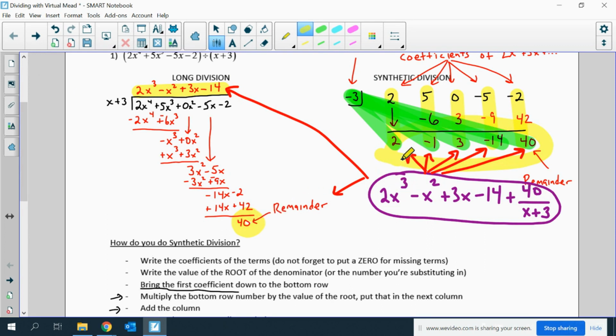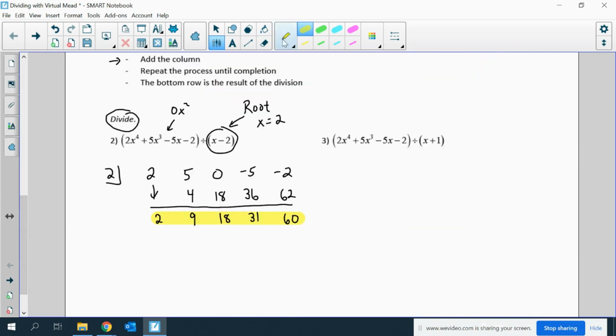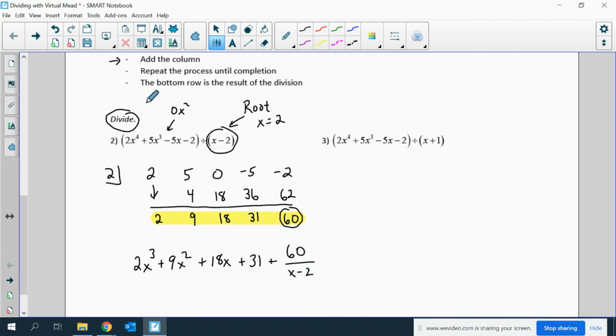Since I started with an x to the fourth, I ended up with an x to the third, so I basically reduce the powers by 1, and then I write the result. The result is 2x to the third plus 9x squared plus 18x plus 31. Then this is my remainder. Anytime you have a remainder, you write the remainder divided by what you were dividing by. So if my directions are divide, this is my answer.